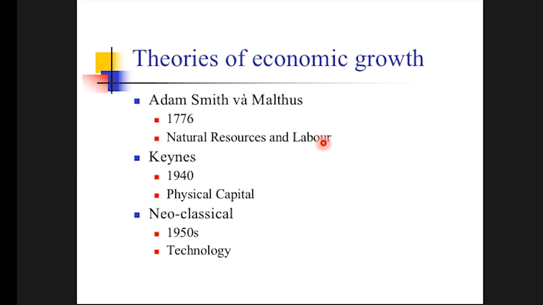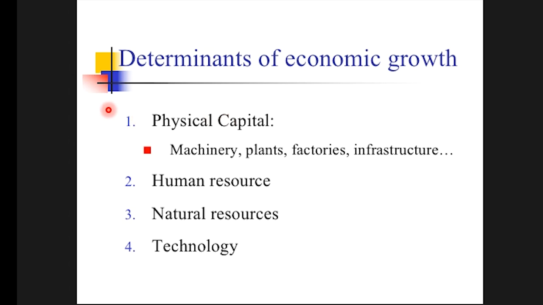So now we have the conclusion for the four determinants, and more explanation for them will be given in the textbook. So please read this explanation carefully to understand each determinant of growth from the textbook.